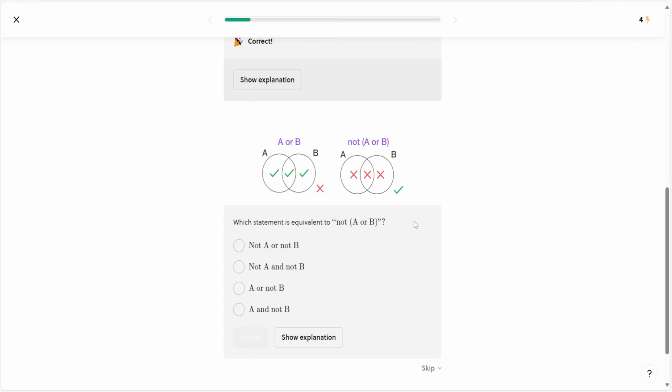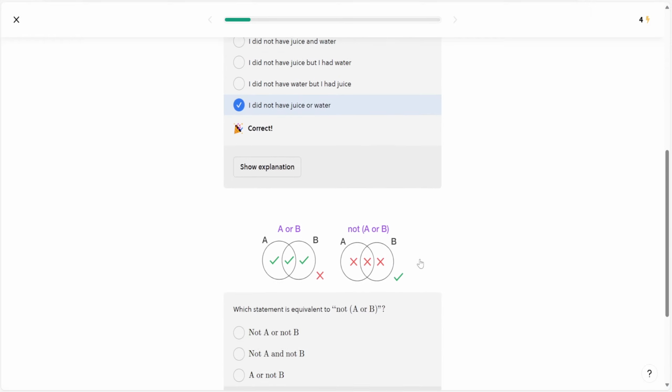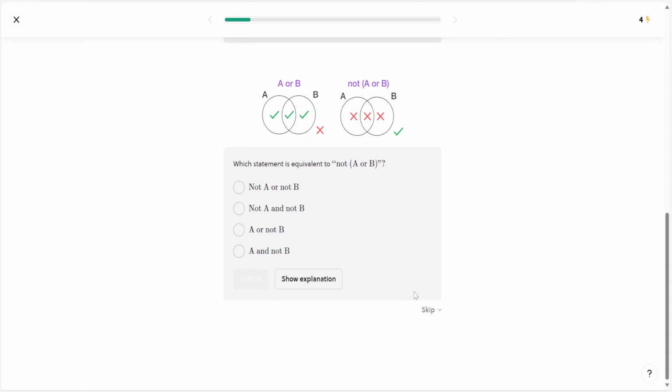I don't think this diagram is correct. Right, which statement is equivalent to not A or B? Oh my goodness gracious me, my brain just can't cope anymore.